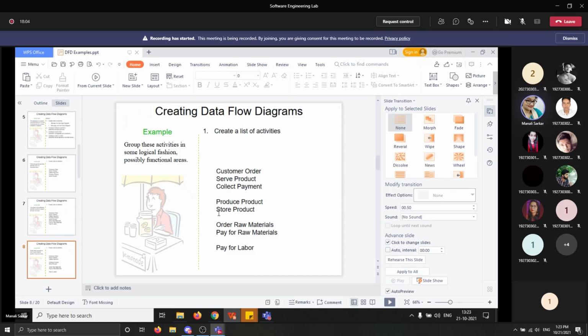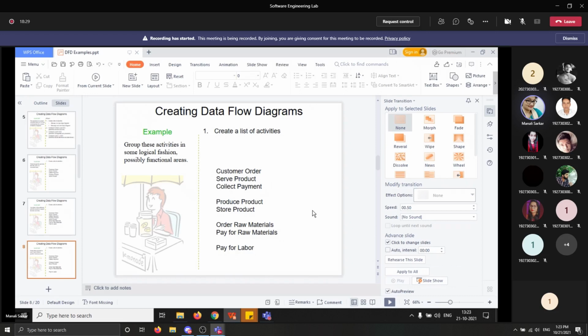After that, produce product, store product, we are combining into another one. And order raw materials, pay for raw materials, we are combining into another one. And pay for labor, we are combining. These are actually similar type of activities.